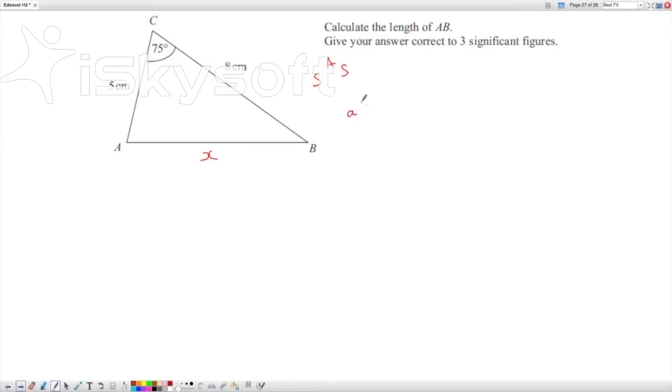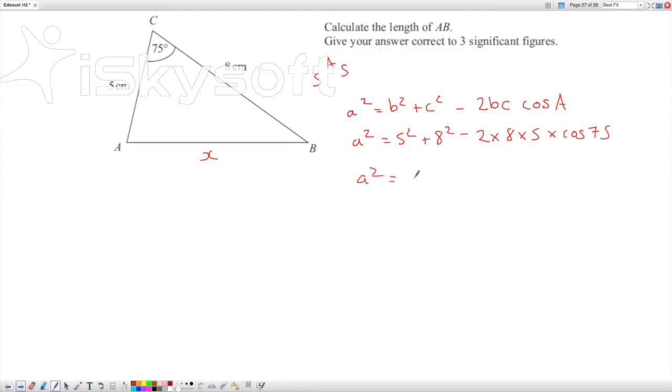So using our cosine rule, we can find a squared is equal to b squared plus c squared minus 2bc cos A. It doesn't matter too much about the way you label up. Here is c, but the cos part will be the angle and a and b will be our two sides. So a squared is equal to 5 squared plus 8 squared minus 2 times 8 times 5 times cos 75.